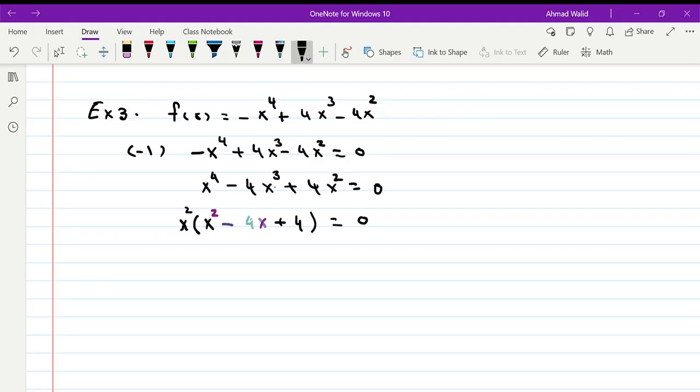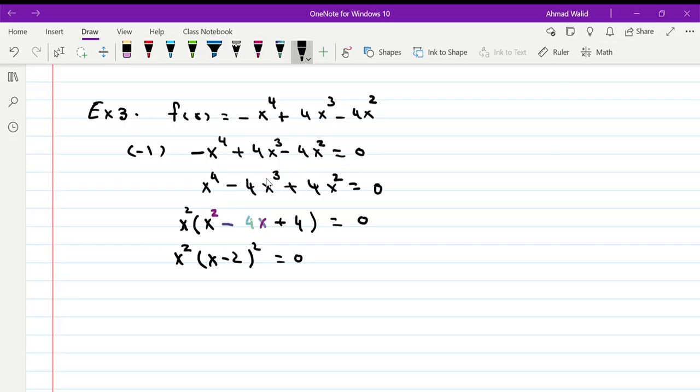Now, can I factor the inside? You see the factor of the inside is x minus 2, right? I see it so fast. Because it gives you x minus 2 times x minus 2, I can write it as x minus 2 squared equal to 0, because I have two factors the same.